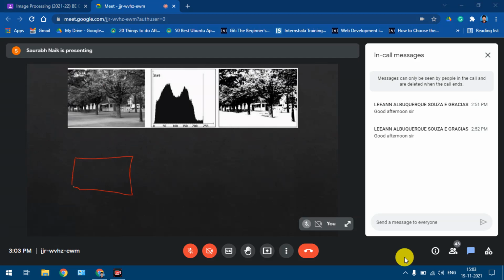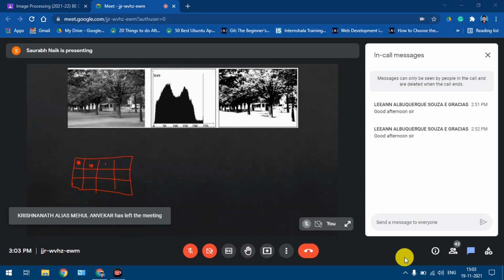We apply histograms to each of these parts, and then to each of these histograms we apply the mode based threshold. We calculate the histogram of each of these individual images, and then these will come under this valley and peak kind of thing. So we consider this to be the threshold, and anything greater than this threshold will be the object pixels, anything less than this threshold will be the background pixels.